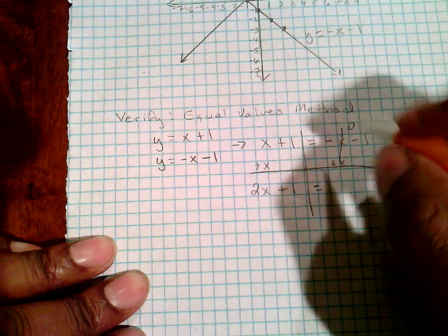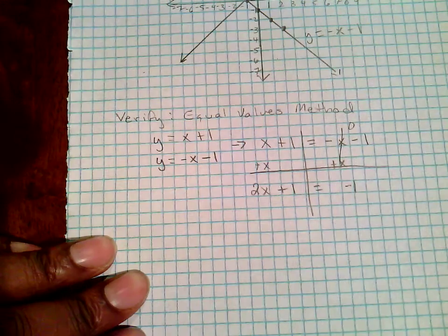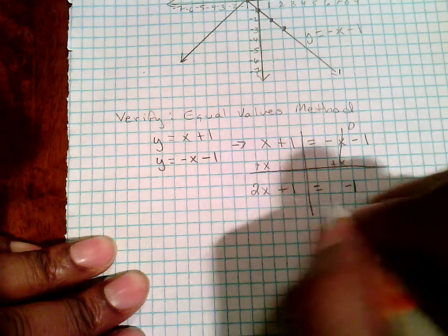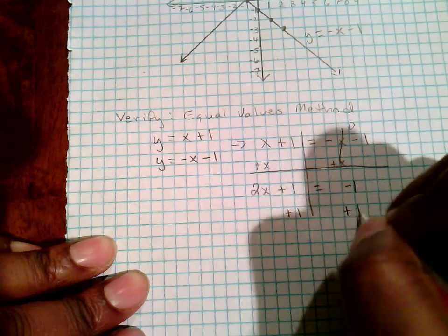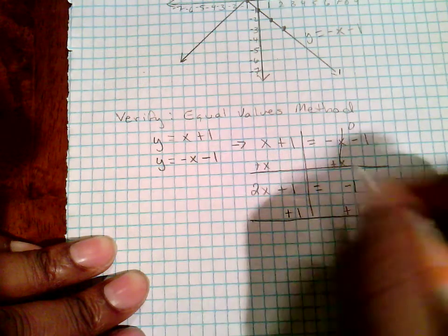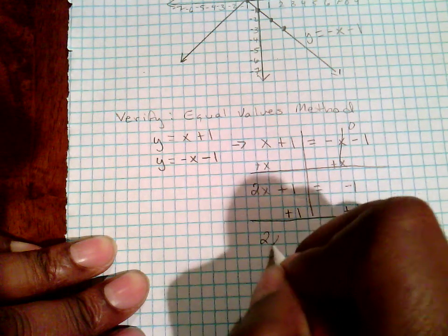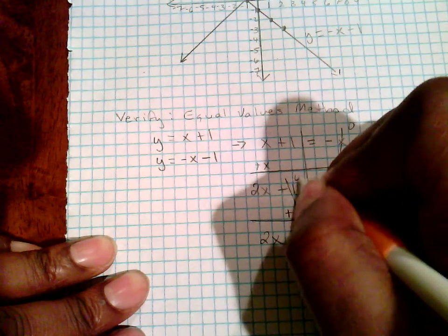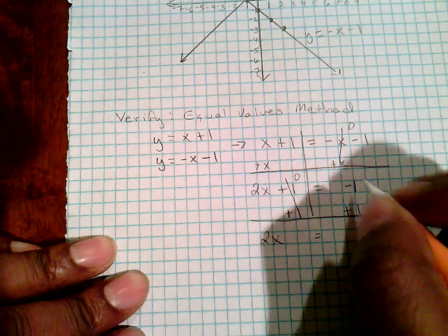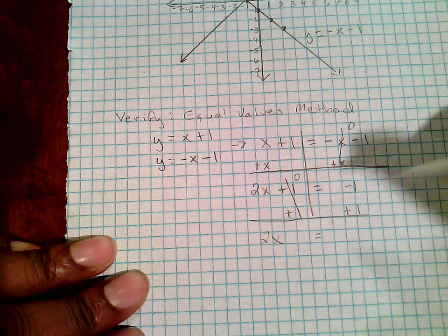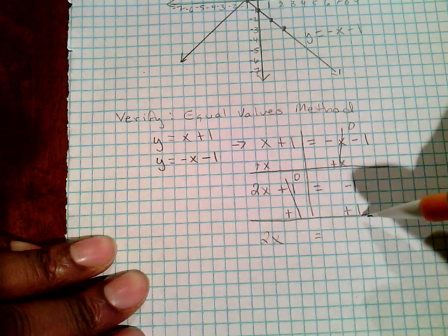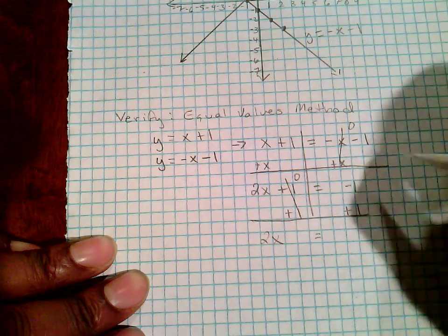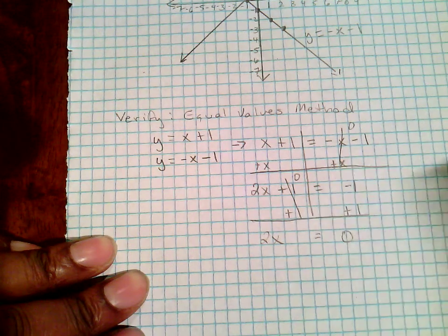The x's cancel on the right side, leaving me with negative 1. And then if I add 1 to both sides here, I get 2x. The 1's cancel to 0. Then I have negative 1 plus 1, which is also 0.